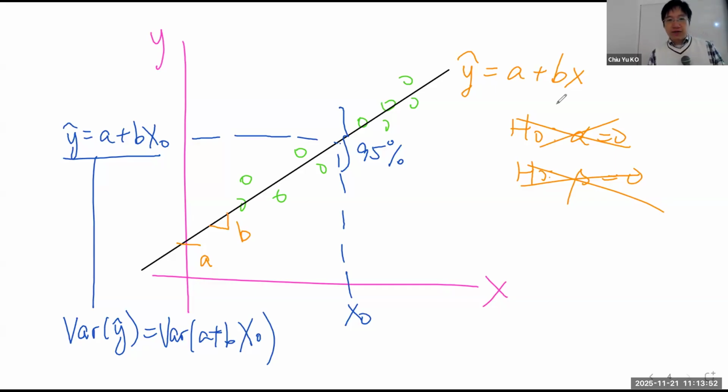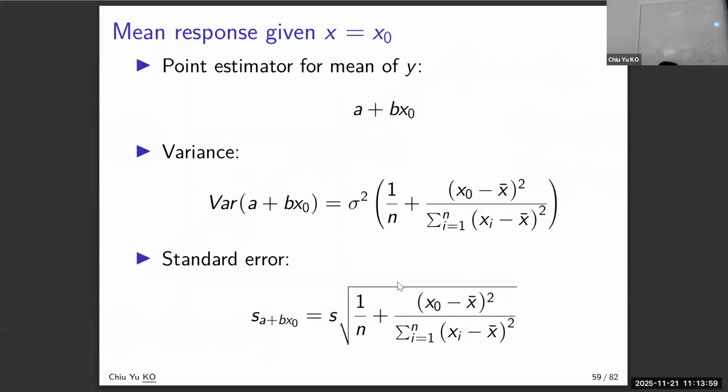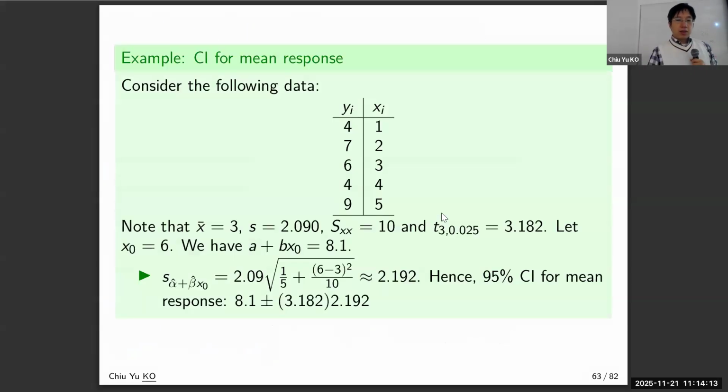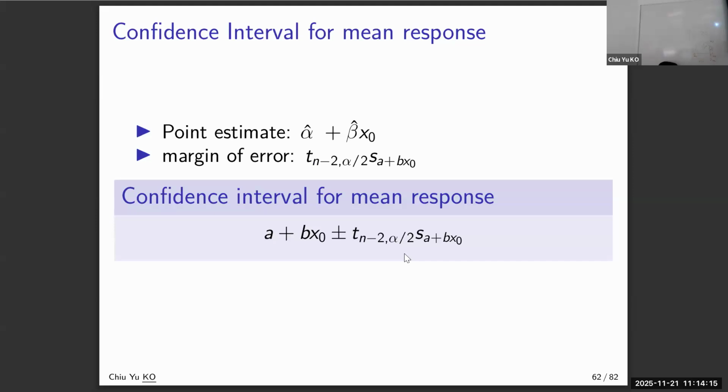So it turns out the formula is like this. Suppose the variance is like this crazy formula, and the standard error will come with this formula. That's why you can do this t plus the standard error.